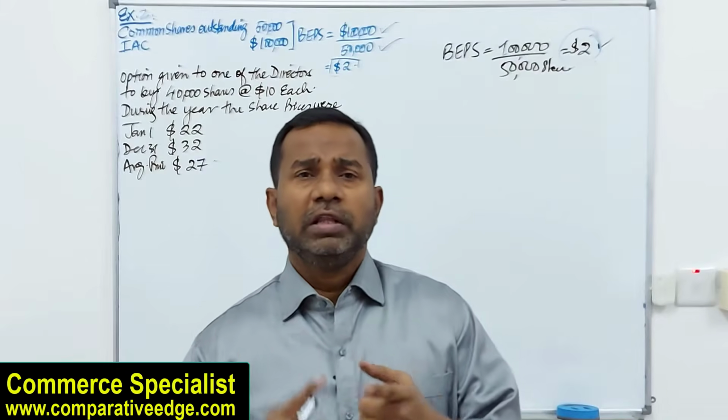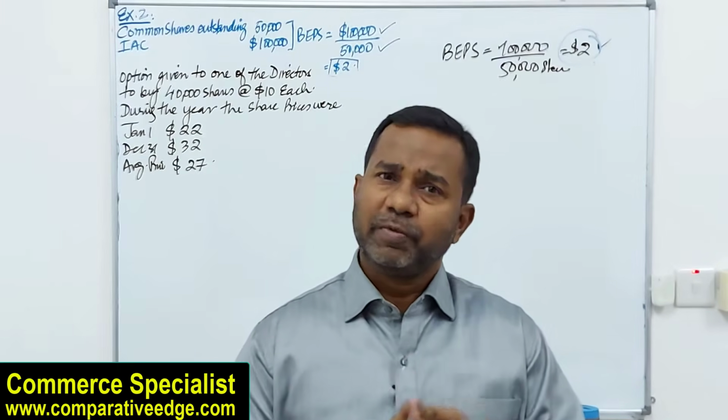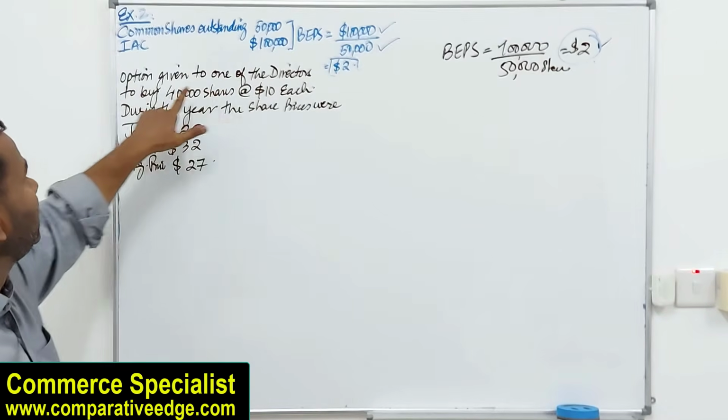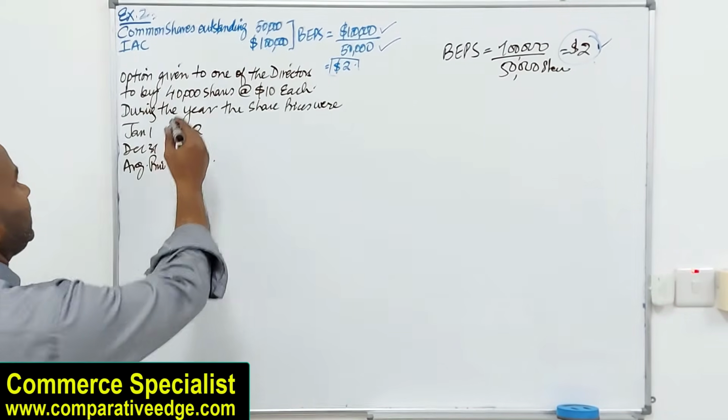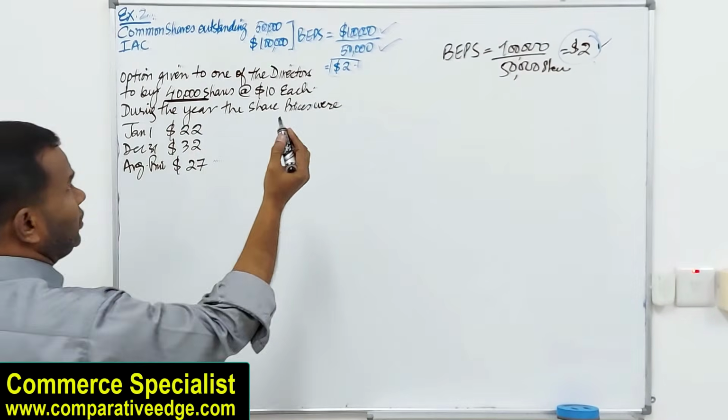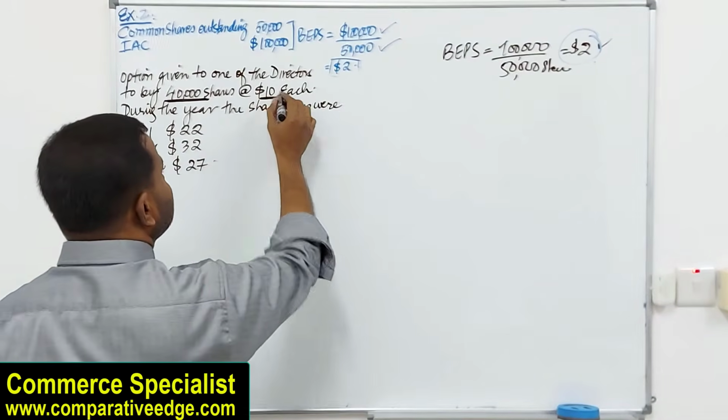First of all, the option exercise price. It's given here. It says option given to one of the directors to buy 40,000 shares. So the option is they may buy 40,000 shares only for $10.